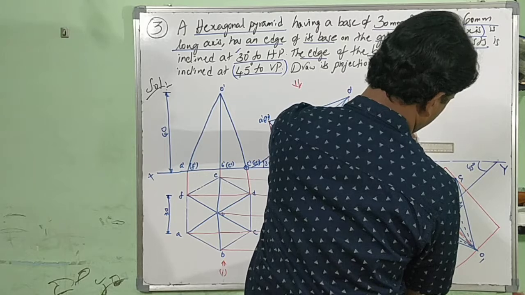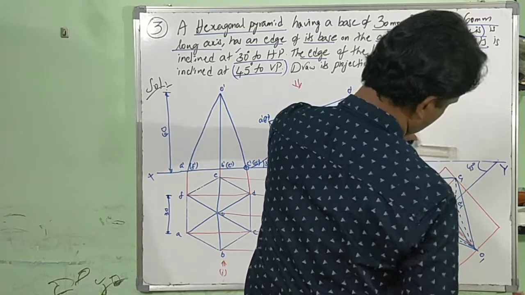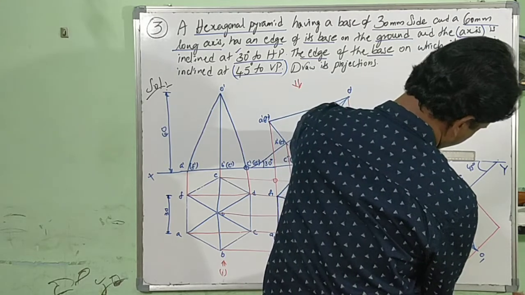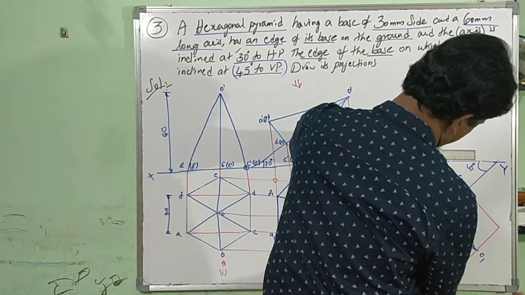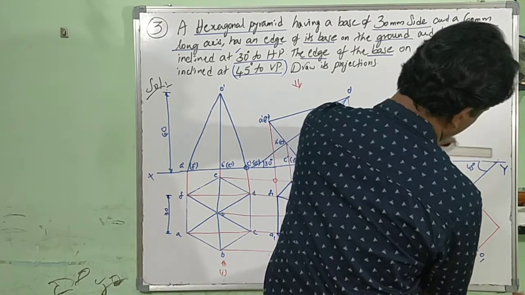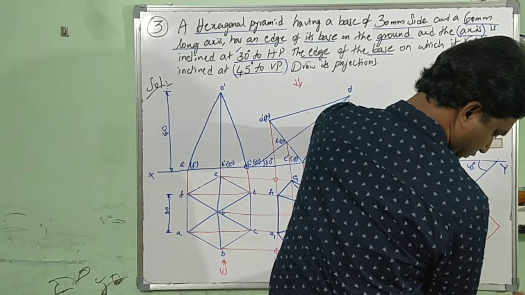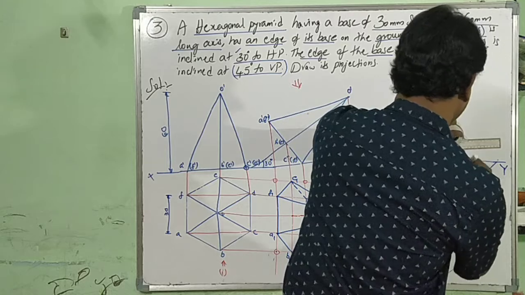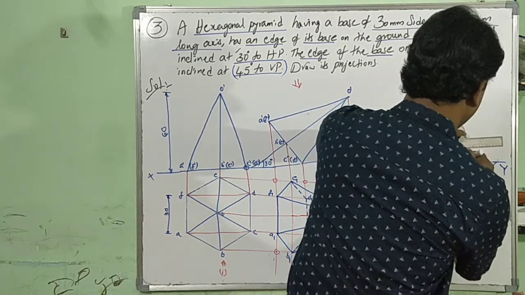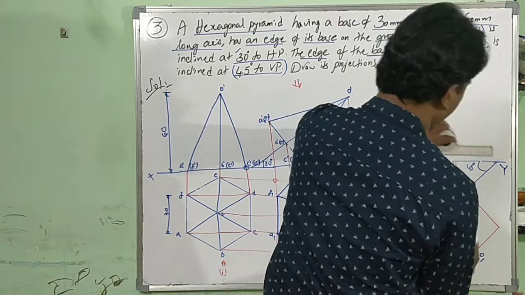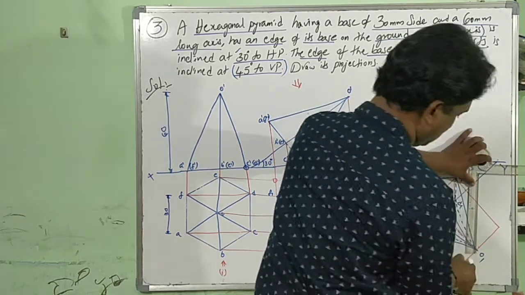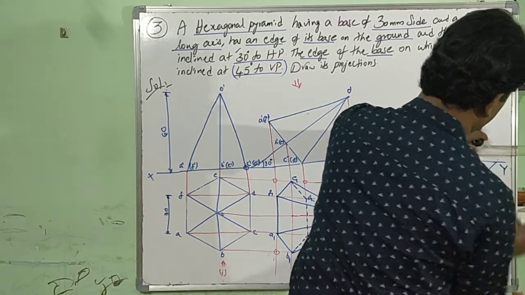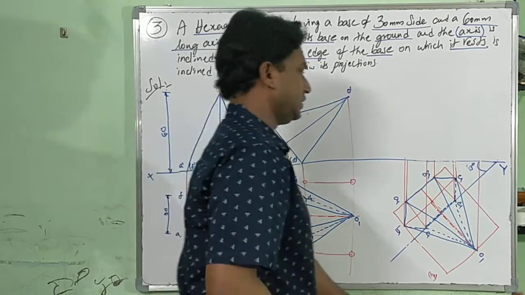A1, B1, C1, B1, E1, F1, O1, adjacent, right?